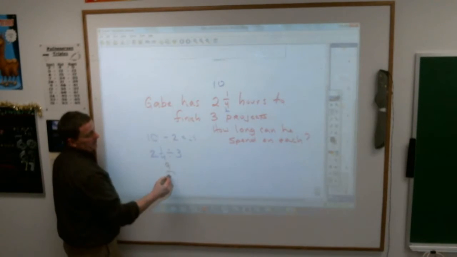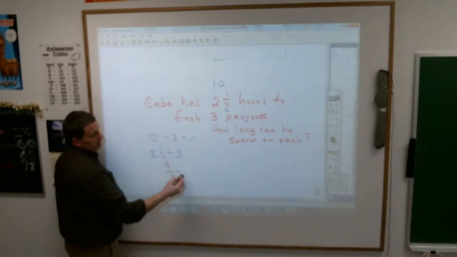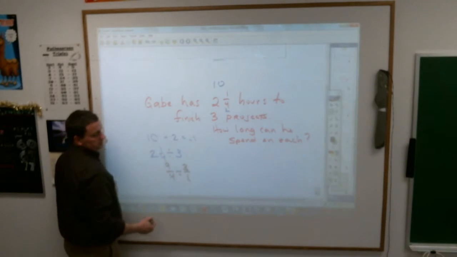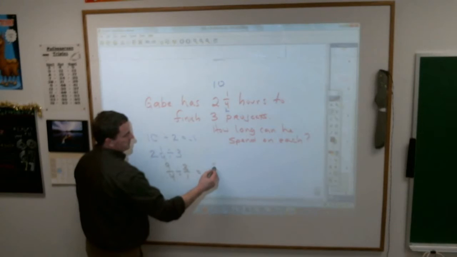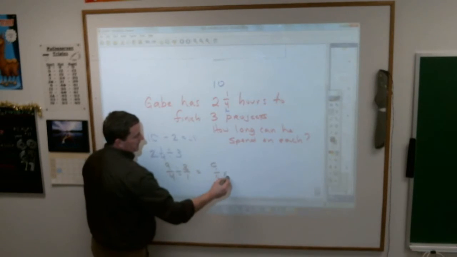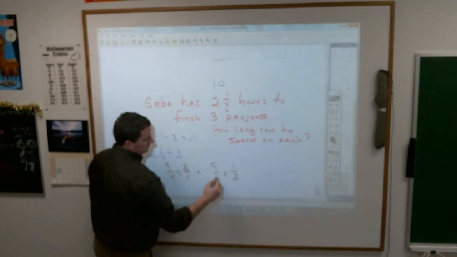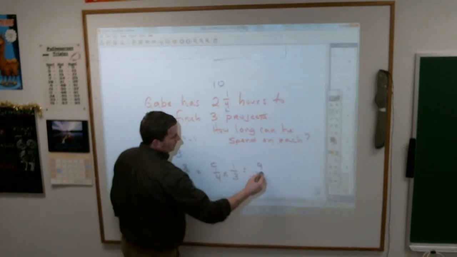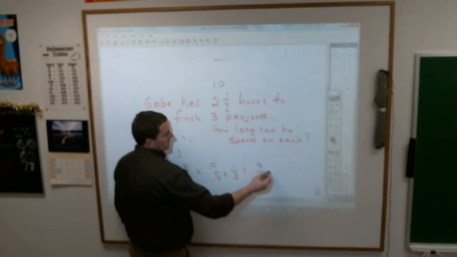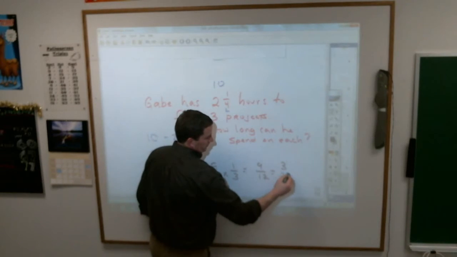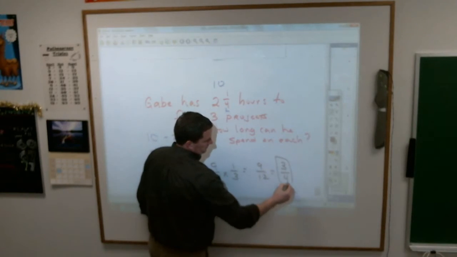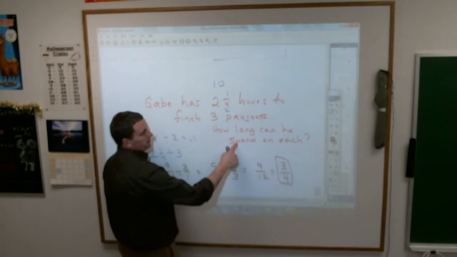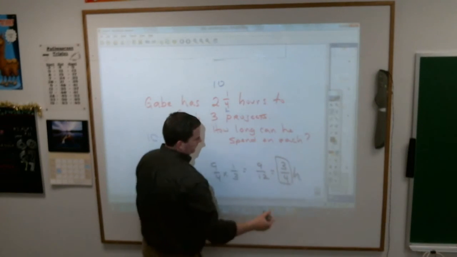This is 9/4 divided by 3/1, and that is the same thing as 9/4 times 1/3. Which means you end up with 9/12, which is 3/4. And that's how long he can spend on each one.